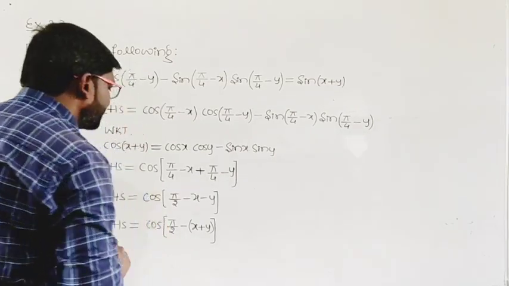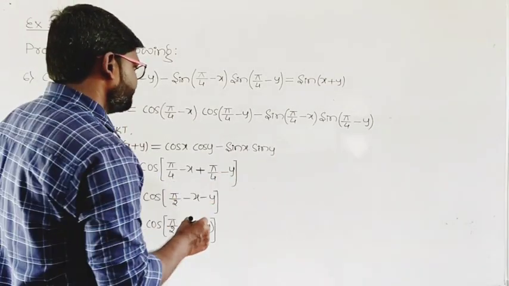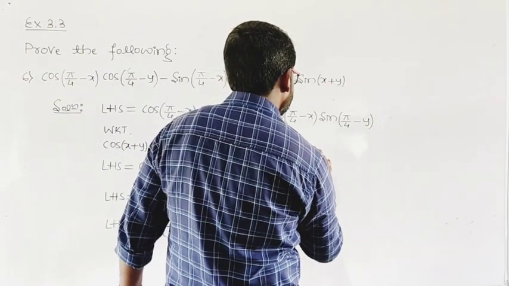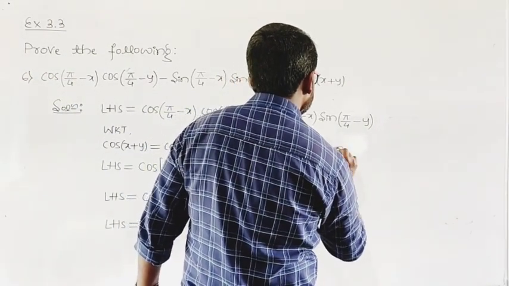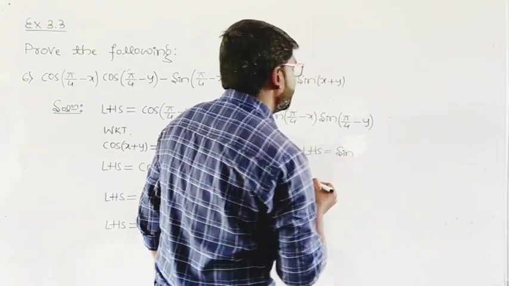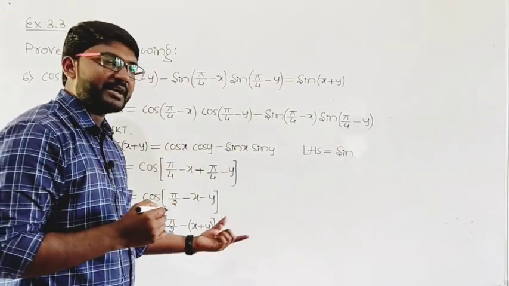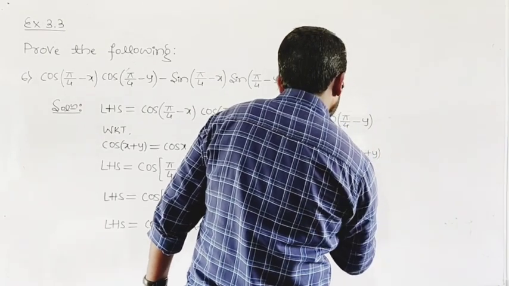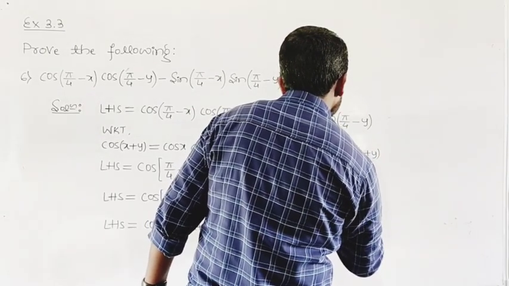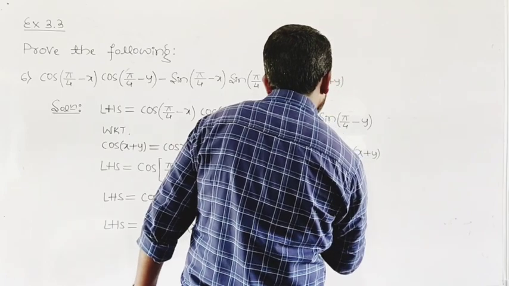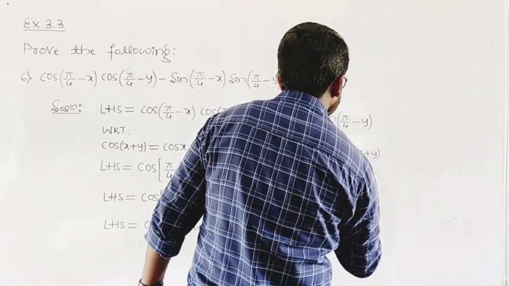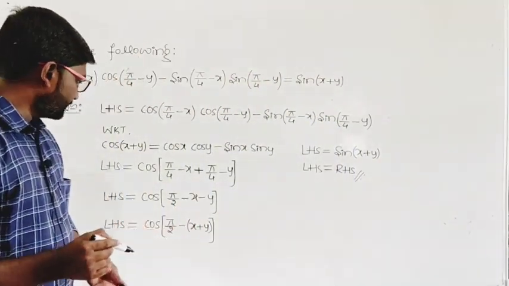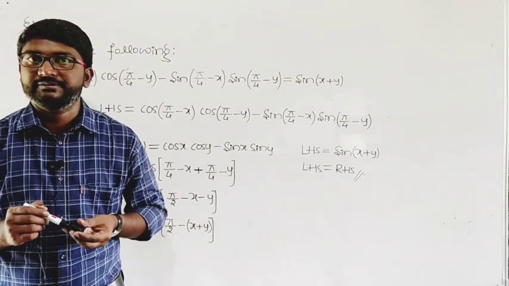Cos of 90 minus theta becomes sin theta. So LHS equals sin theta, where theta is x plus y, so it is sin of x plus y. This is the required RHS. So we have proved that LHS equals RHS. So this is all about the sixth question.